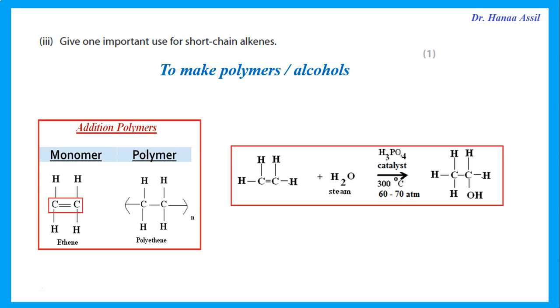Remember, we said we use ethene to make ethanol. We add steam, phosphoric acid catalyst, 300 degrees Celsius, 60 to 70 atm. This is how we prepare ethanol from ethene. So we use alkenes to make polymers, or you could say to make alcohol.